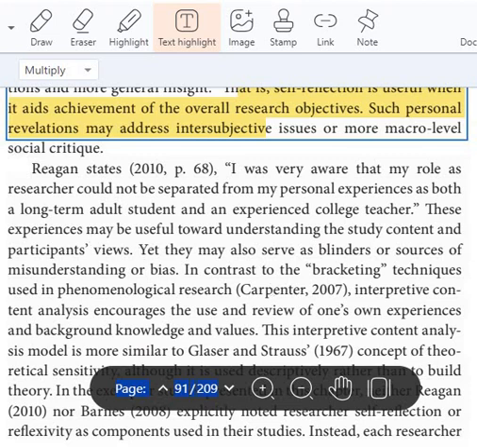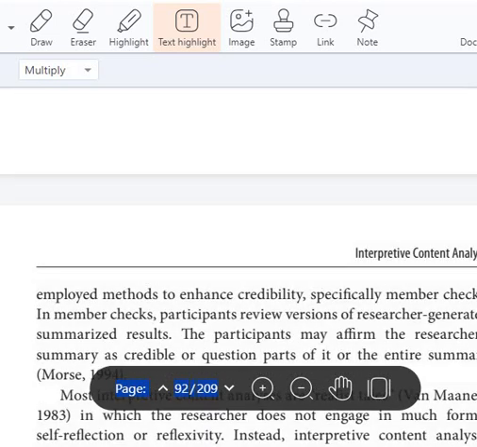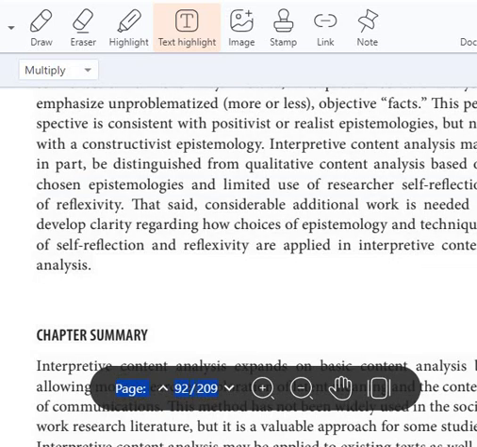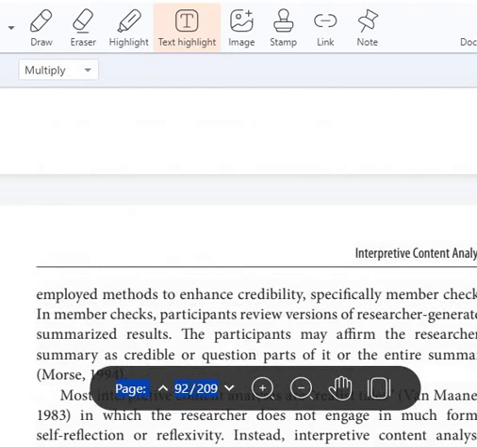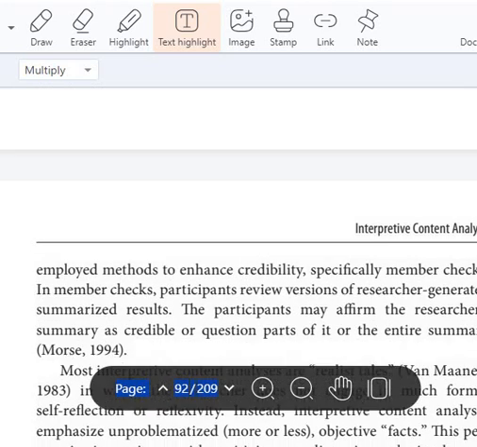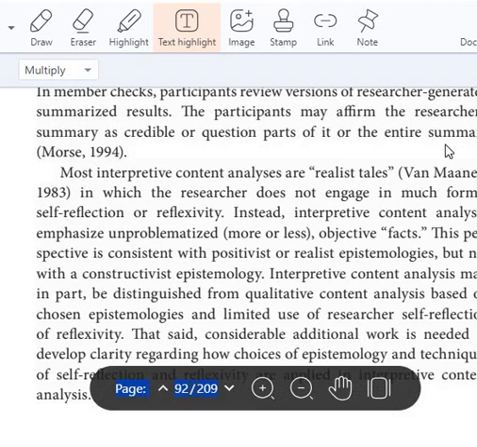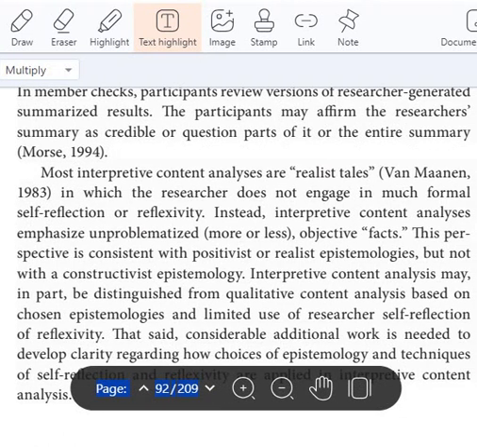Okay, let's move to the last page of this chapter. Okay, here it says that most interpretive content analyses are realist tales in which the researcher does not engage in much formal self-reflection or reflexivity.